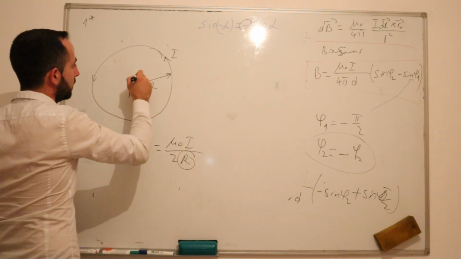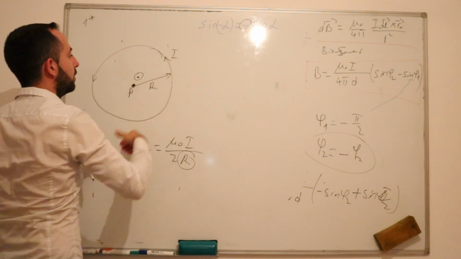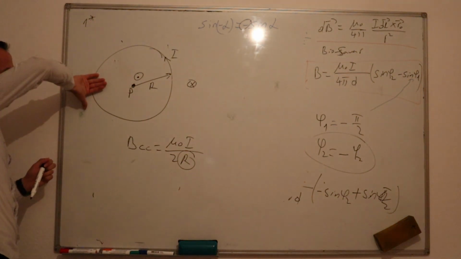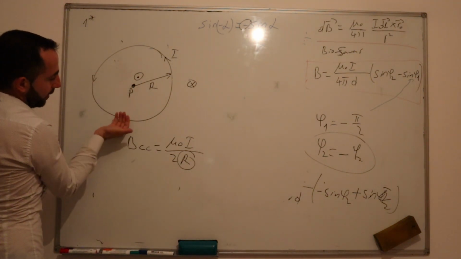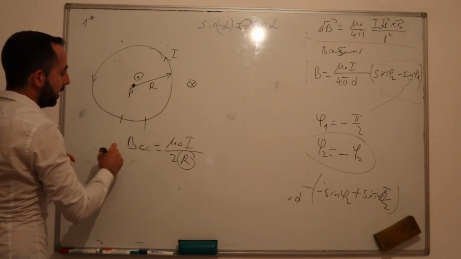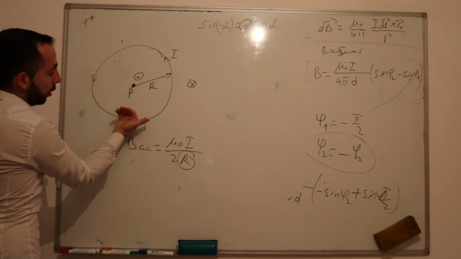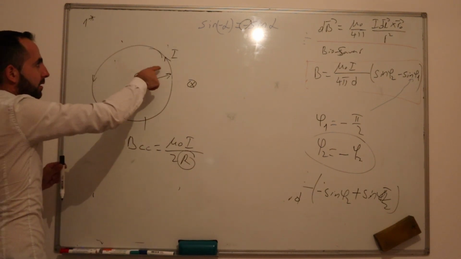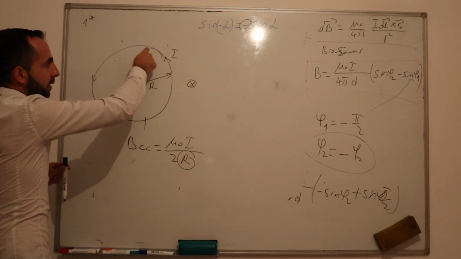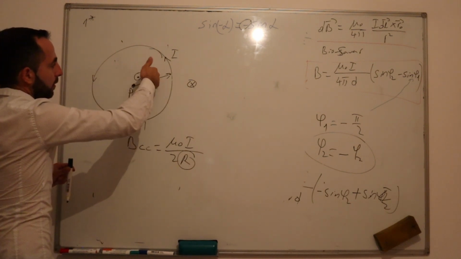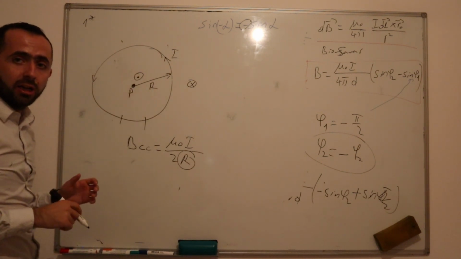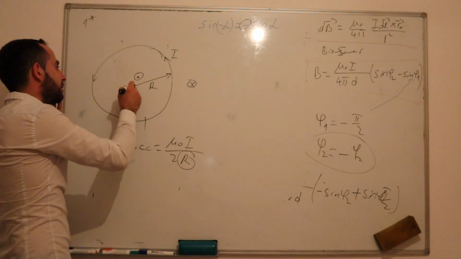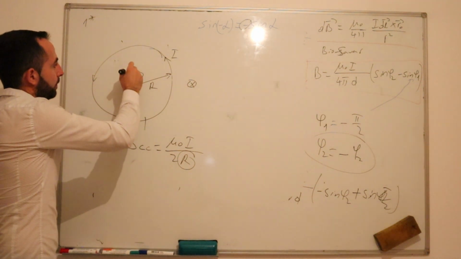So here it is from the table to you, and here, if we come to this point, we will get the same. If we look at this part of the conductor, we will always come to the same conclusion. So in circles, the magnetic field created from every part of the circle has the same direction, and they are summed up, and we have our resultant magnetic field here.